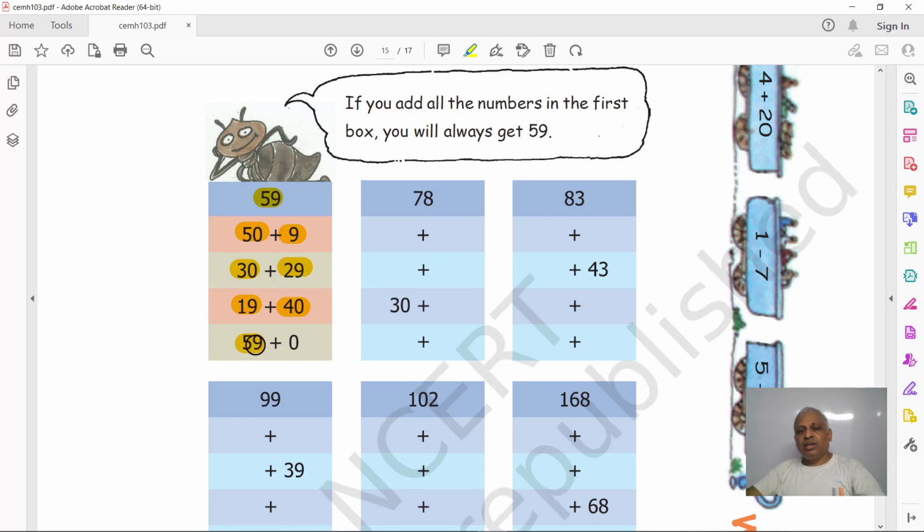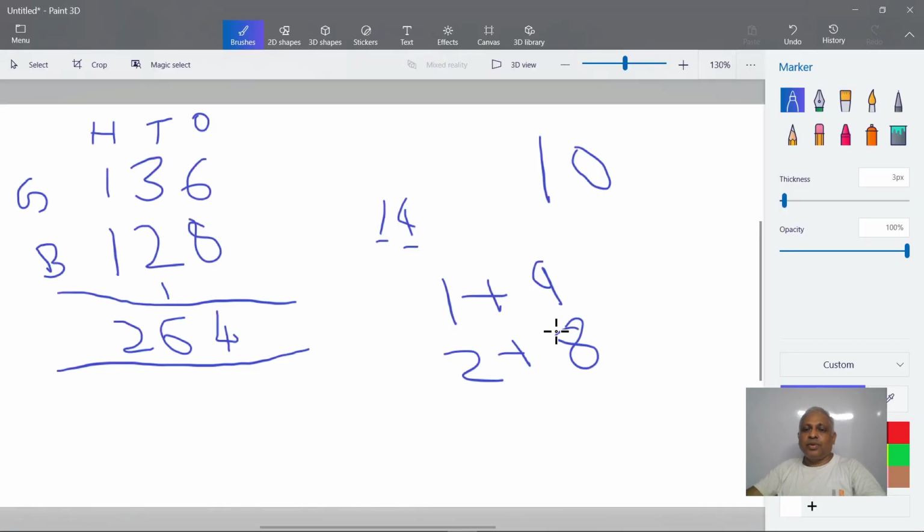Okay, there are many possibilities that can make up a number. You have a number 10. It can be 1 plus 9 is 10. 2 plus 8, 10. 2 fives are 10. Like this. All these make up this number.